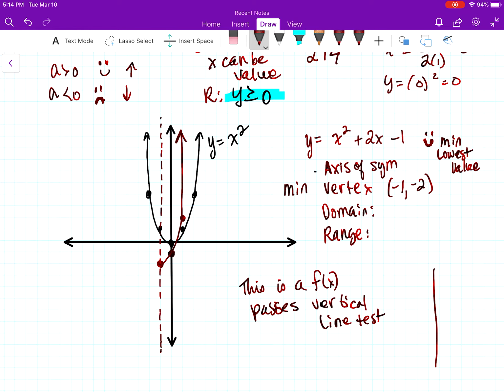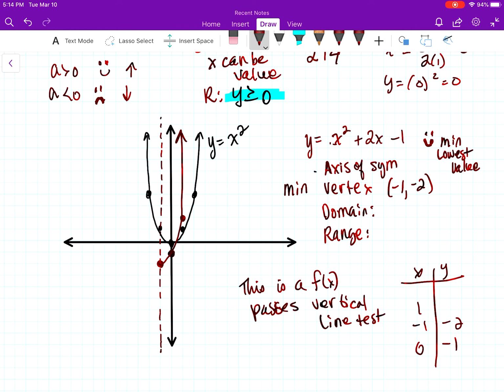Okay? Now, we can look at it as a table as well. We have x and y. We have a vertex at -1, -2. And if I plug in 0 for x, that gives me -1.